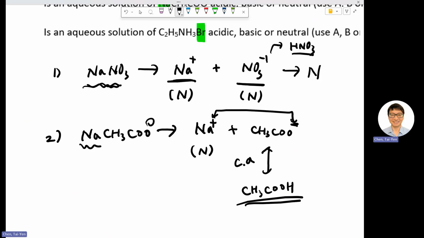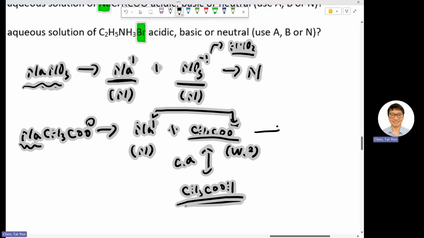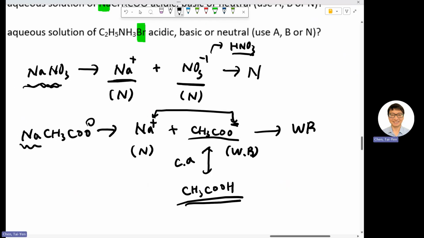It is not a strong acid. Since it is a weak acid, its conjugate base will be a weak base. Therefore, inside your solution, you have a neutral sodium plus and a weak base CH3COO minus. Therefore, the solution will be a weak base solution.